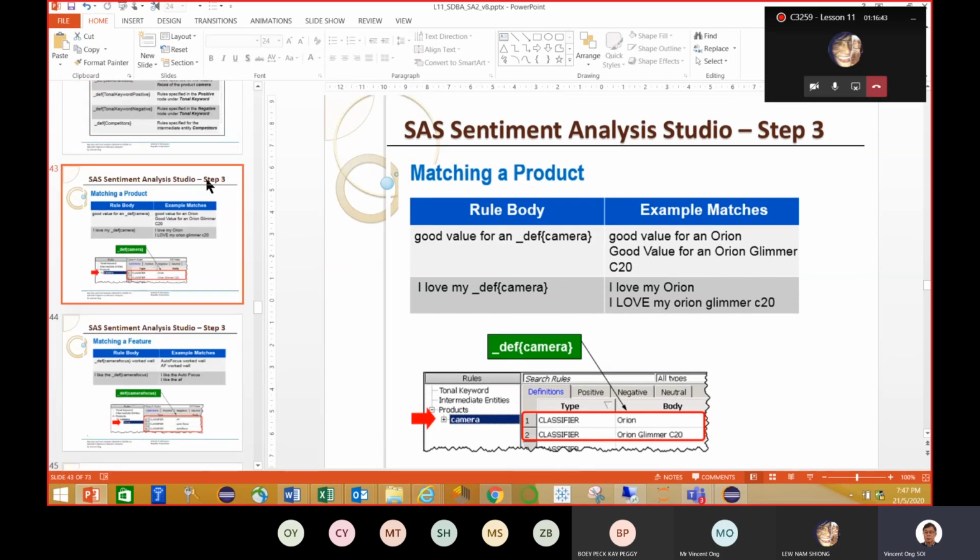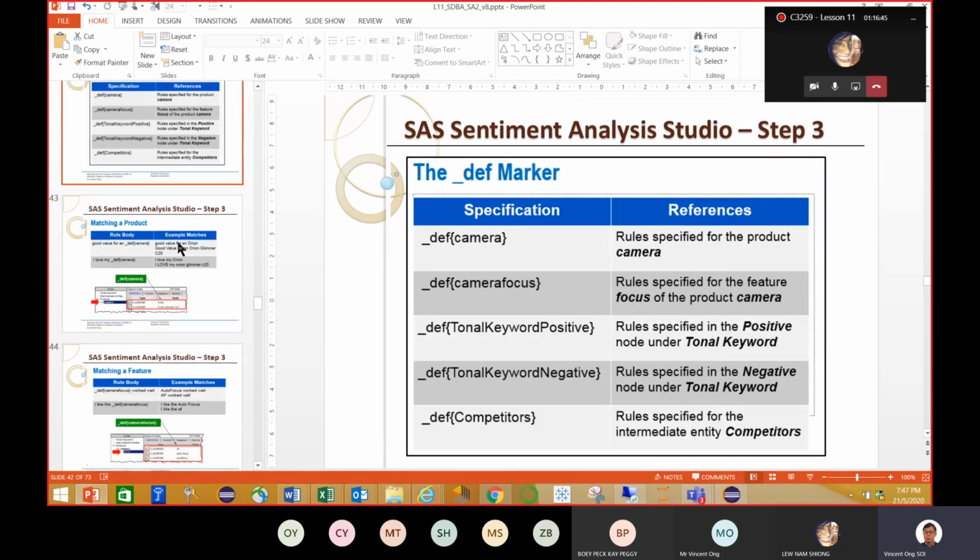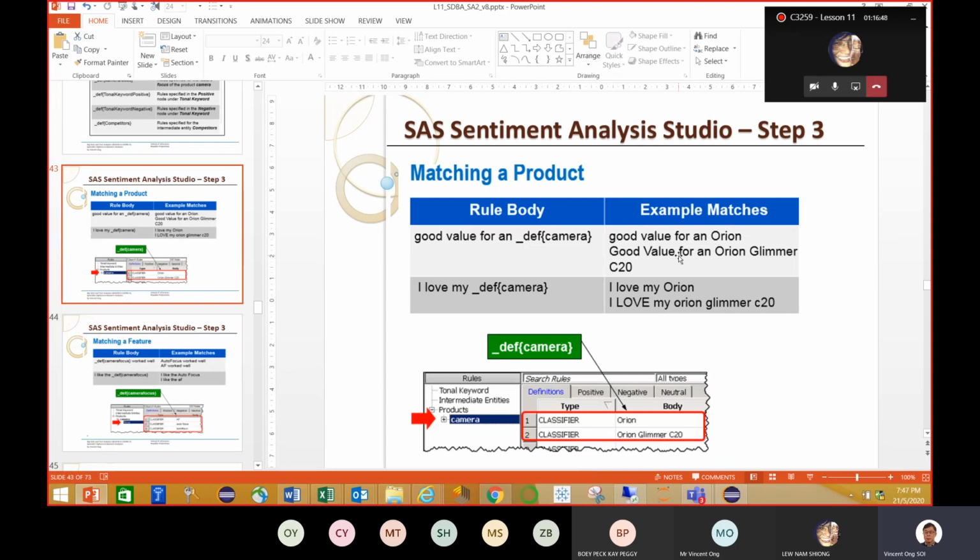Let's look at this one. This is still using this marker. If I define this rule with this dev marker, a good value for something, in other words these words must precede the definition for camera. So what is camera? Camera is defined as orange glimmer.